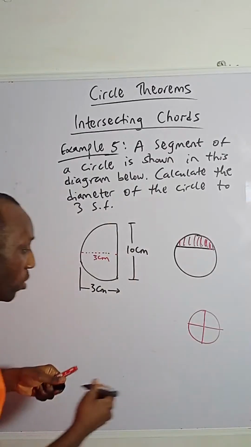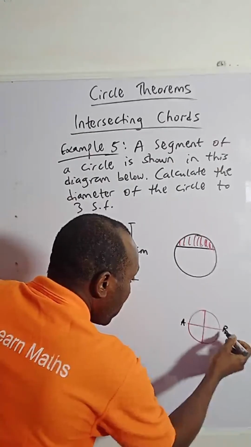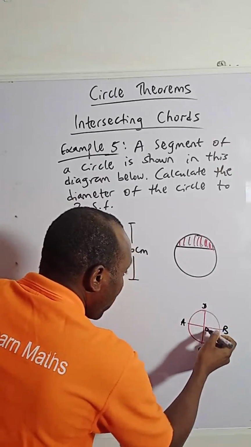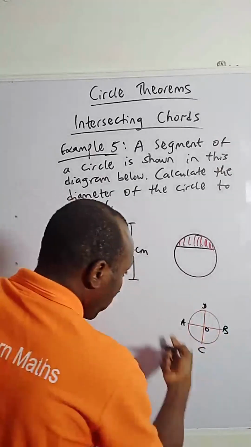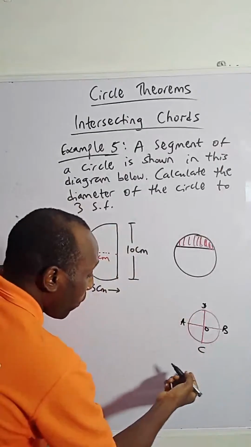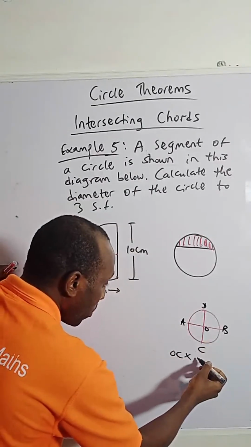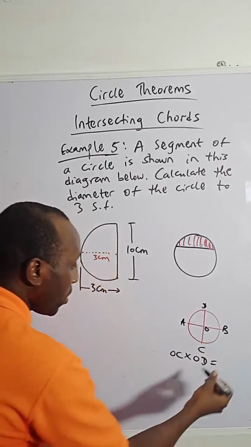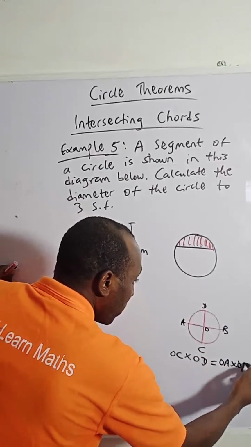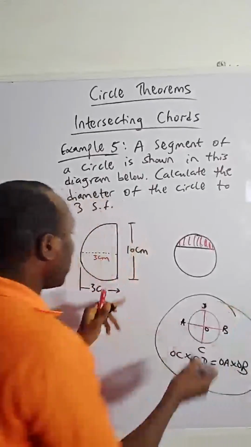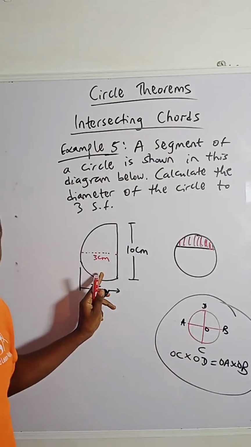For those of you who joined us when we started, if you have AB and CD, you have O here. If you want to get the ratio of the chords, you simply do OC times OD is equal to OA times OB. So this is what we are going to use to answer this question.